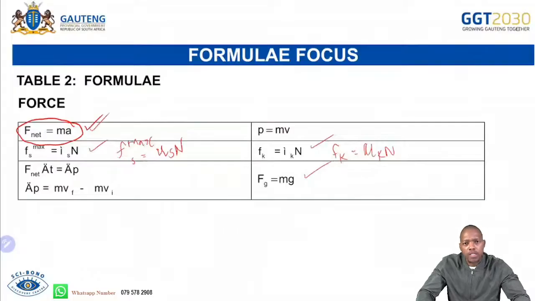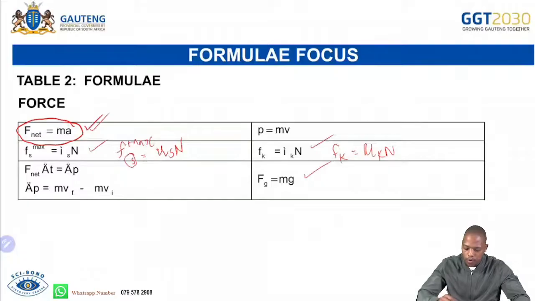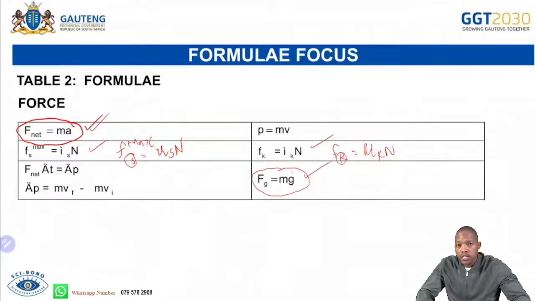If you remember last year in grade 11, you learned how to calculate the static frictional force, and also kinetic frictional force, where the s stands for the static frictional force and the k here is for the kinetic frictional force. In grade 10, you also learned about how to calculate the force of gravity or the weight of an object using the formula m g, where the m is the mass of the object and the g is the gravitational acceleration of the object.